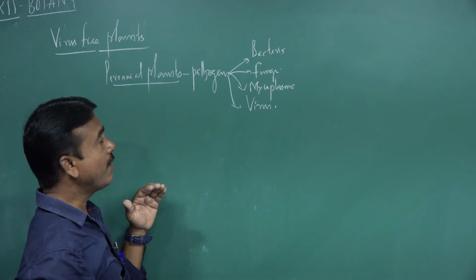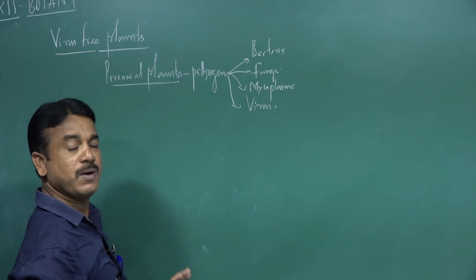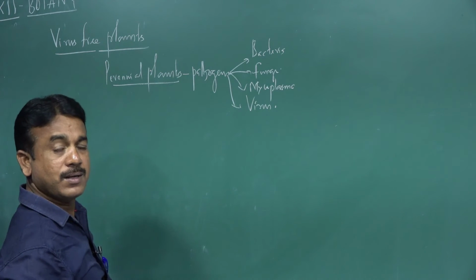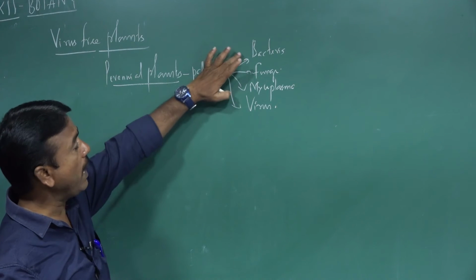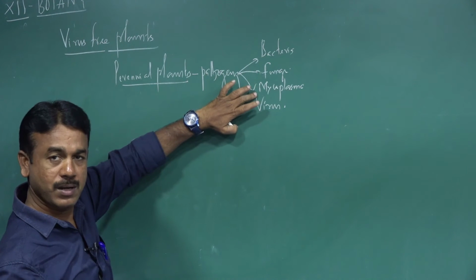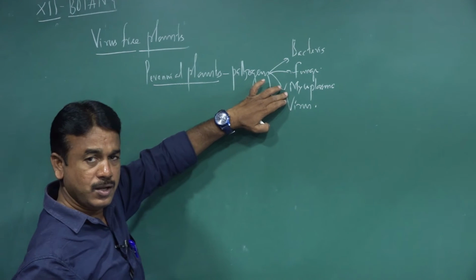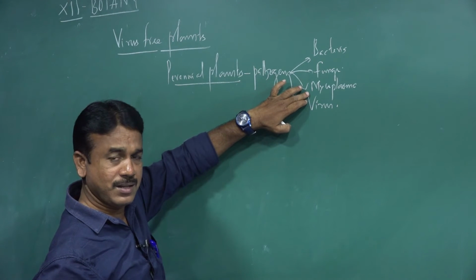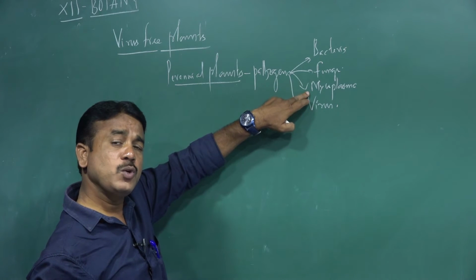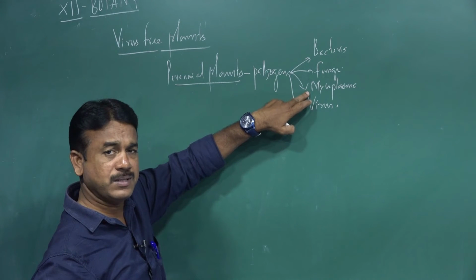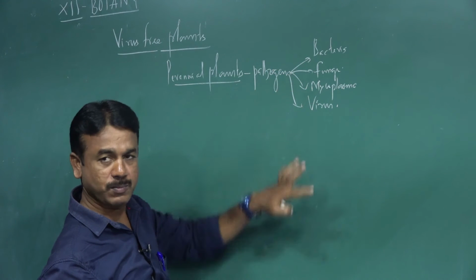Which way can we control bacteria, fungi, mycoplasma and virus? Chemical methods can be used to control bacteria, fungi and mycoplasma. In your home or villages, you have seen many kinds of plants affected by insects and pests, so you spray insecticides and pesticides to kill bacteria, fungi and mycoplasma.